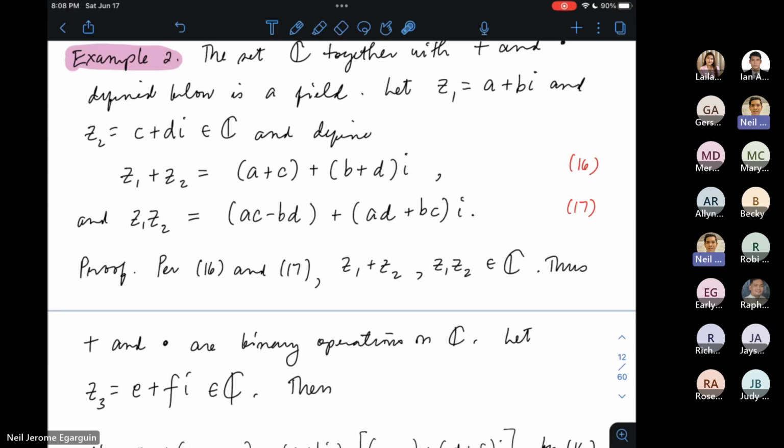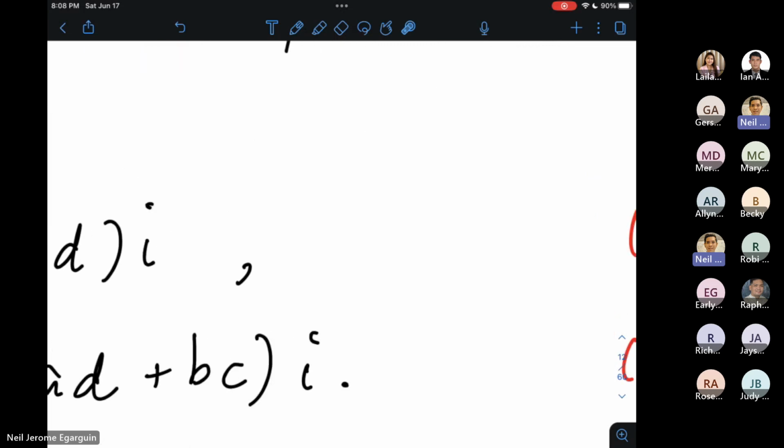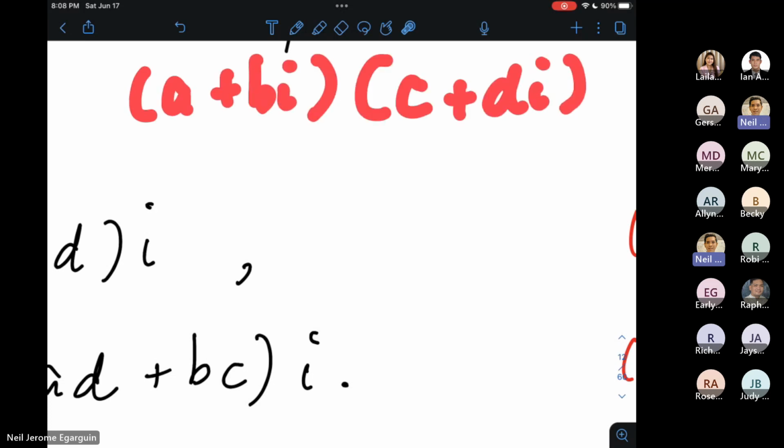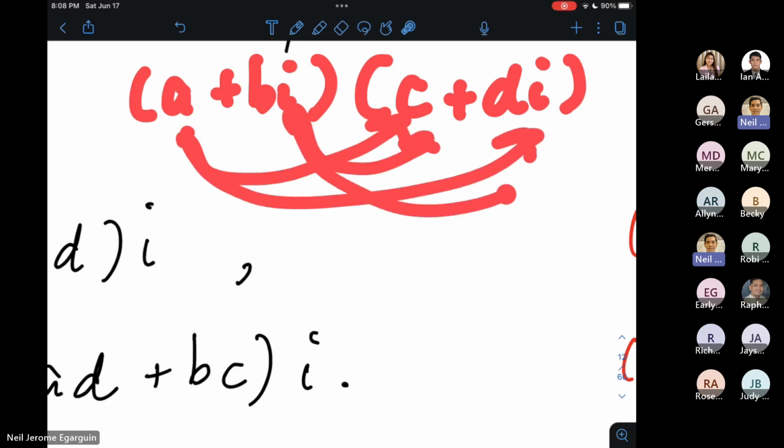Pero alam ko tinuturo nyo to to be parang FOIL method, ano? Pag nag-multiply ka ng A plus BI times C plus DI, FOIL method ka lang. Alright?